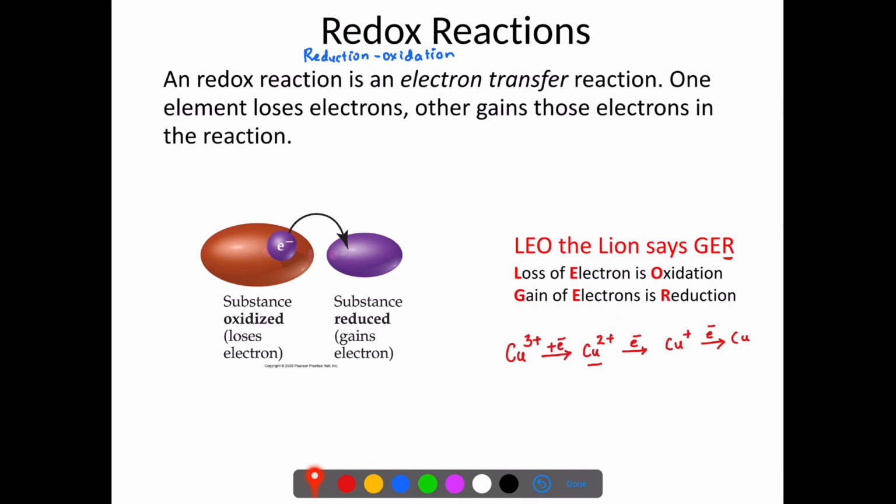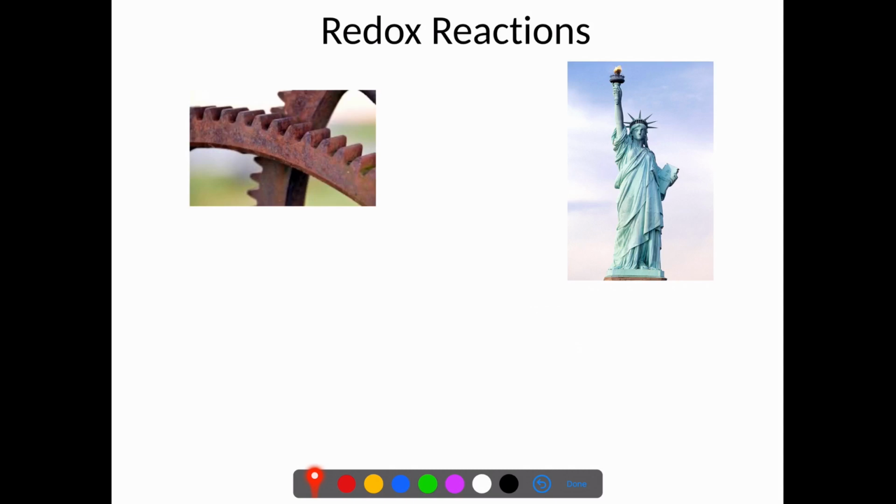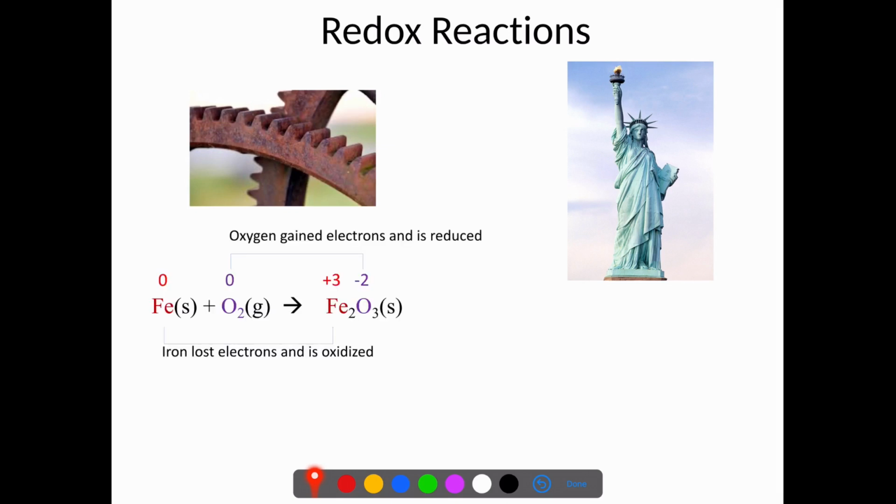Now, what are some of the redox reactions from your daily life? Well, rusting of iron. That's a classic example of a redox reaction. So think about what is rusting. Basically, iron converts to iron oxide.